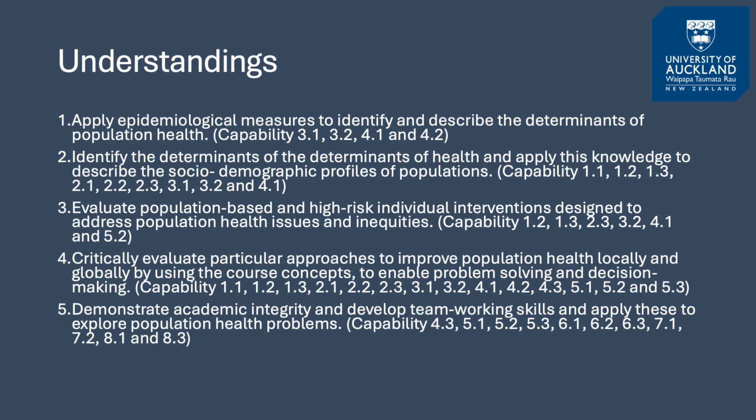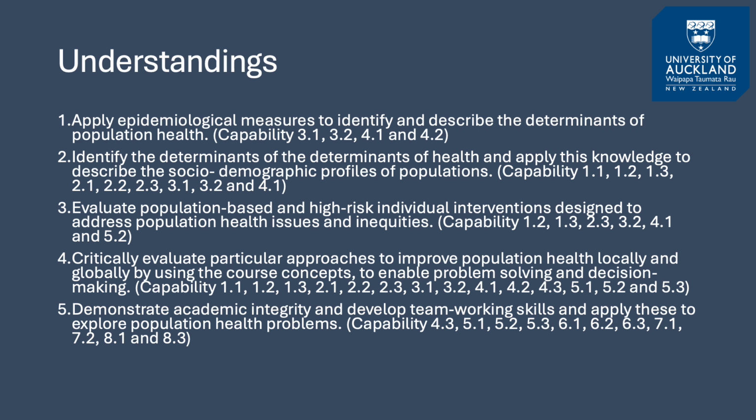The first understanding says apply epidemiological measures to identify and describe the determinants of population health. The second understanding is to identify the determinants of health and apply this knowledge to describe the socio-demographic profiles of populations. The third understanding is to evaluate population-based and high-risk individual interventions designed to address population health issues and inequities.